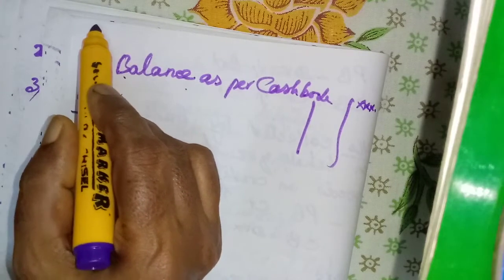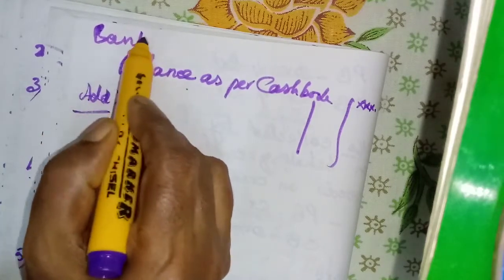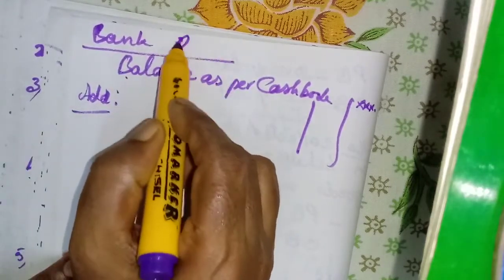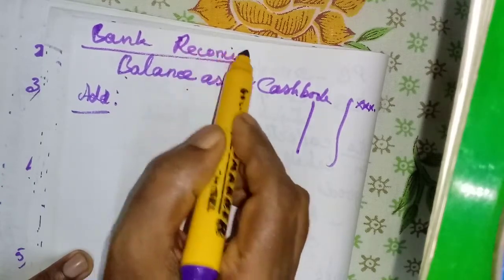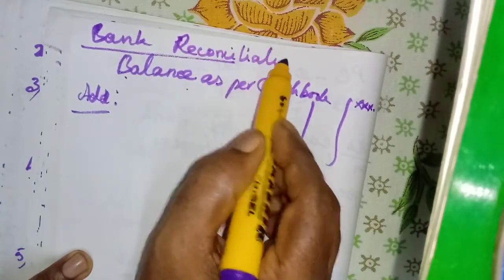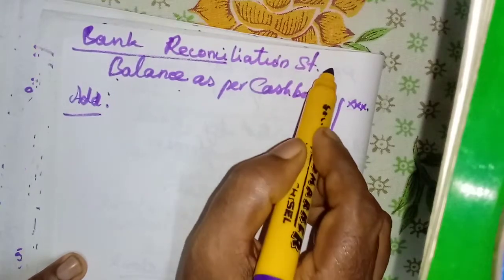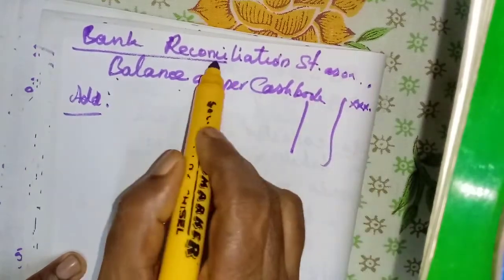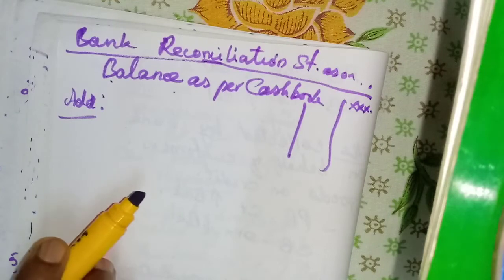First we should write the heading, bank reconciliation statement, as on one date, that is, at the end of the financial year.